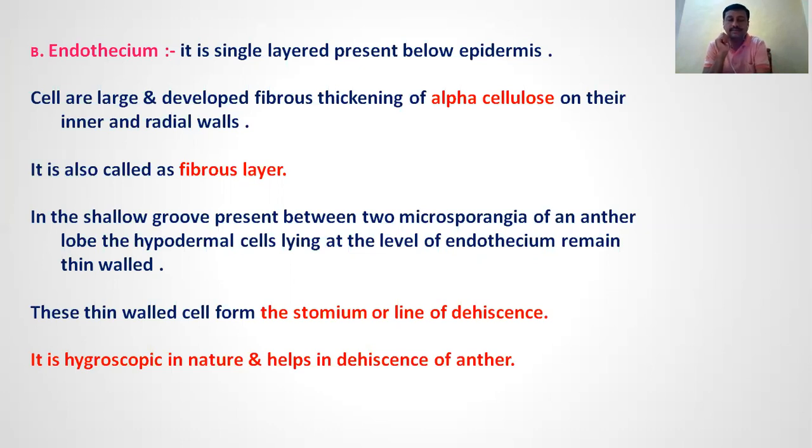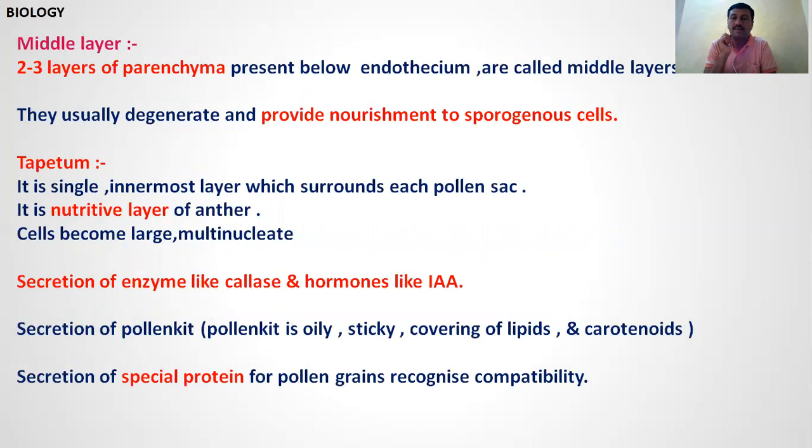Okay. Then the middle layer. It is the third innermost protecting covering layer. Middle layers: 2 to 3 layers of parenchyma cells present below the endothecium are called the middle layer. It is the third layer.